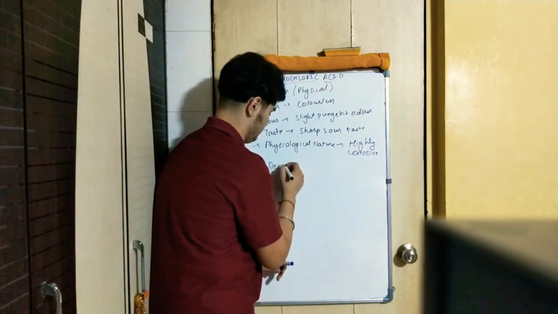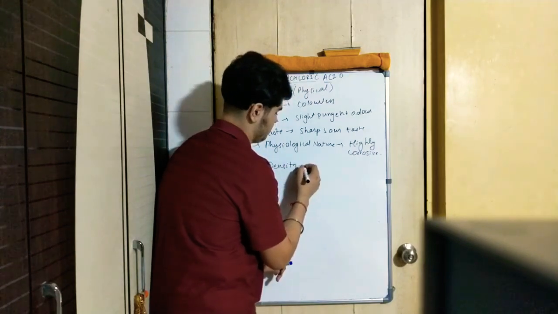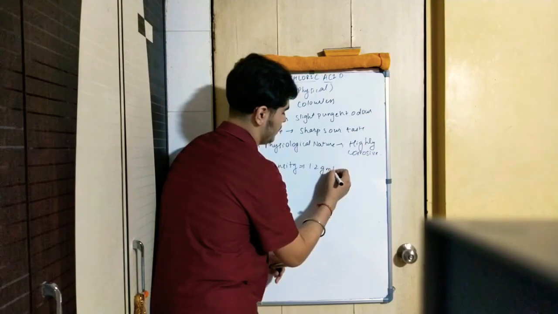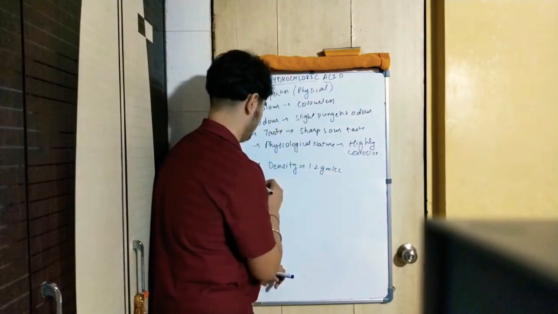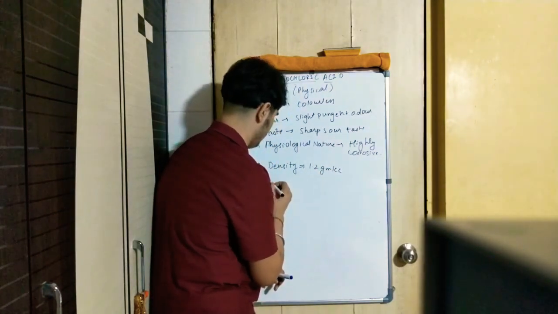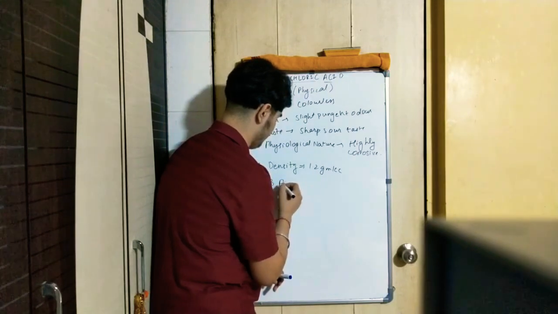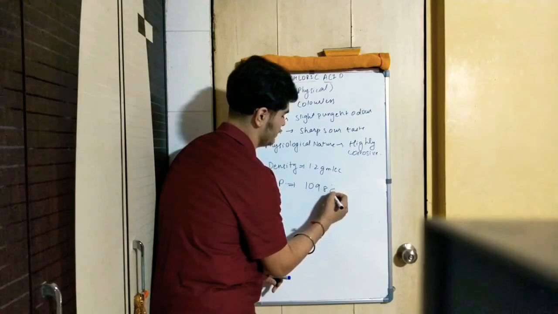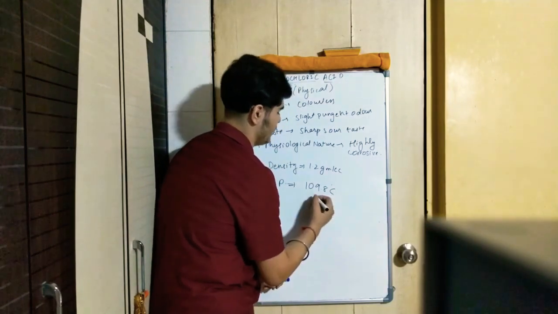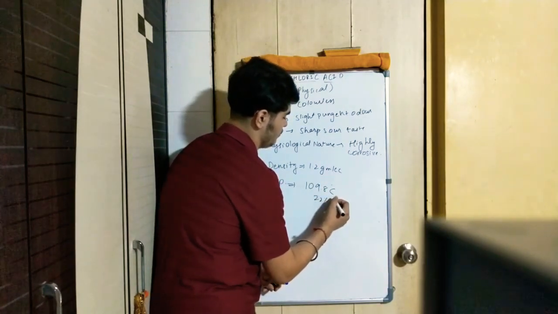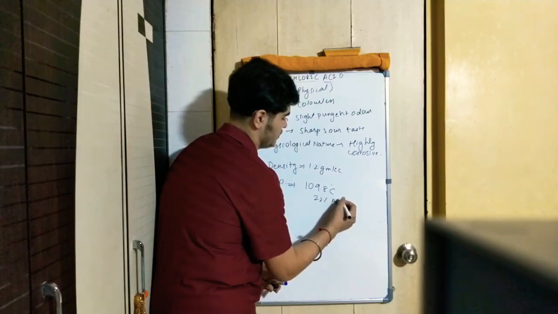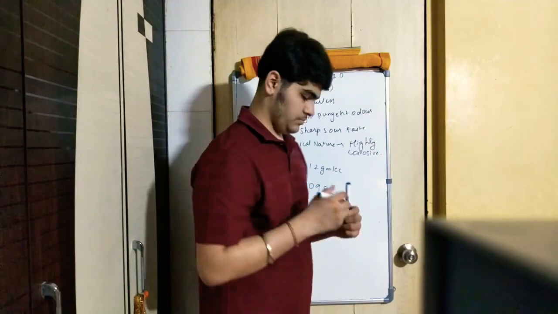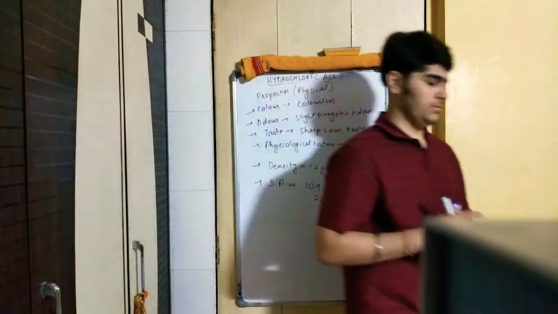Density: 1.2 gram per cc, cubic centimeter. Now boiling point: 109.8 degrees Celsius at 22% weight of acid. So it forms a constant boiling mixture. You can copy it down.